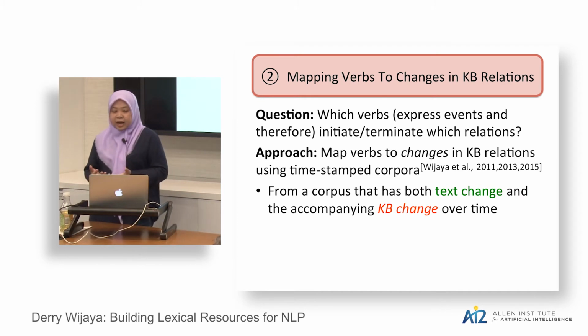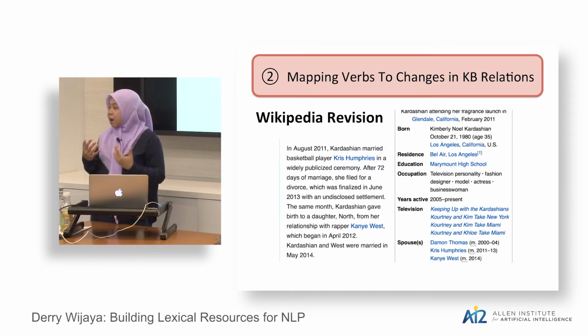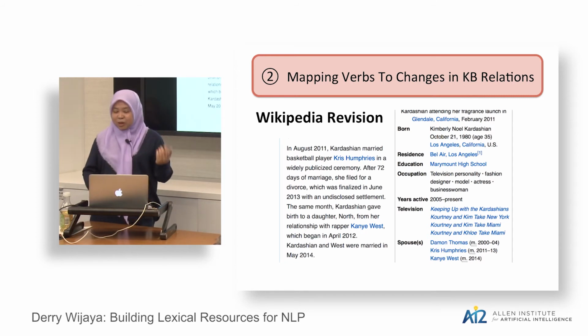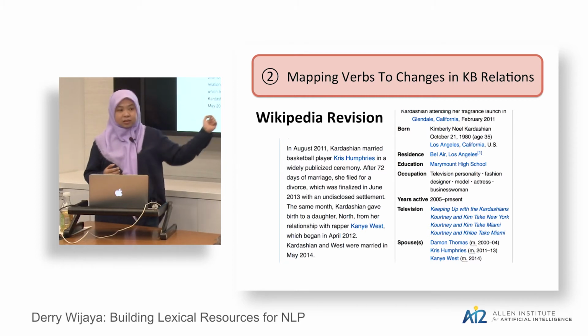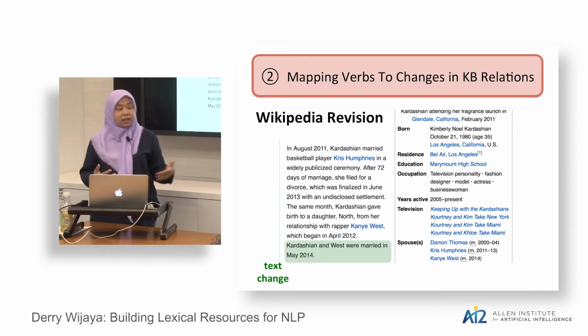So using this idea, we want to find a corpus that has both the temporal stamp and the text change and the accompanying knowledge base change. One of the corpora that we find to have both is the Wikipedia revision, because it has both the text and the info box information that reflect the underlying knowledge base relations about the entity.